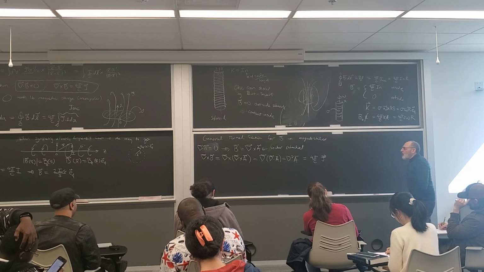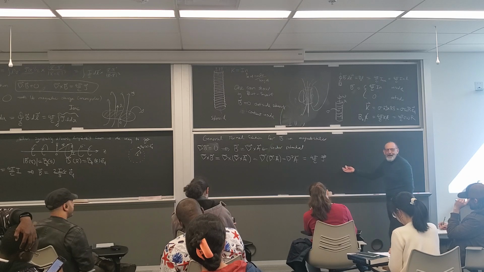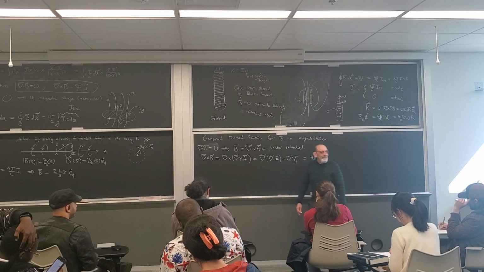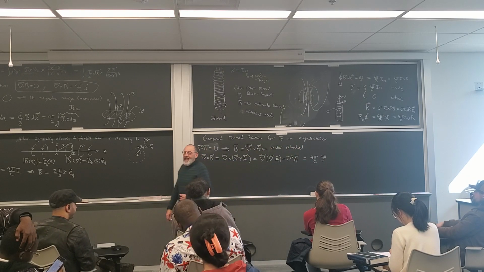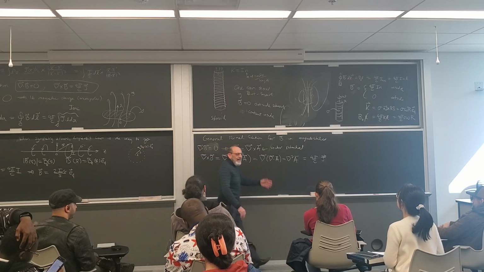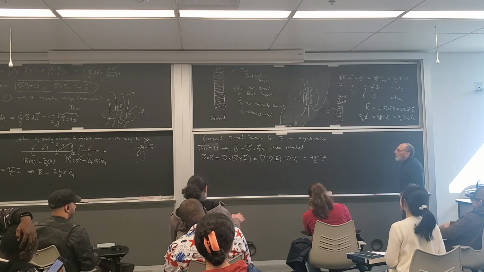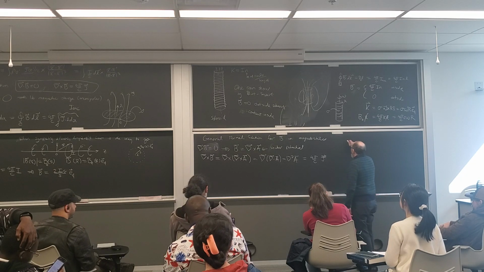Okay? So, gee, that didn't look like it helped anything. Now I got a more complicated expression for A than I had for B. So what was the point of that? Well, there is a little bit. So what can we say about A?